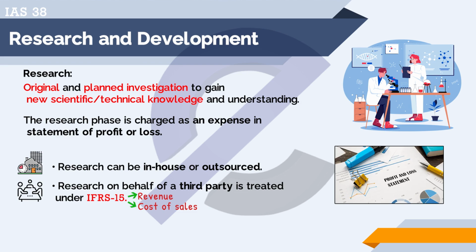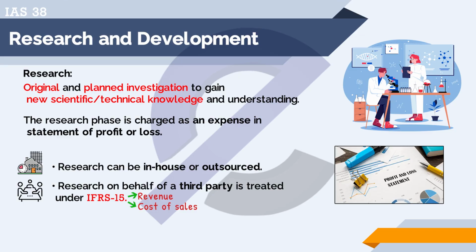So in your exam question also, you have to see whether you are doing research for your own company or on behalf of a third party. If you are doing research on behalf of a third party, then in the financial statements of that third party, this expense is going to be called research expense.